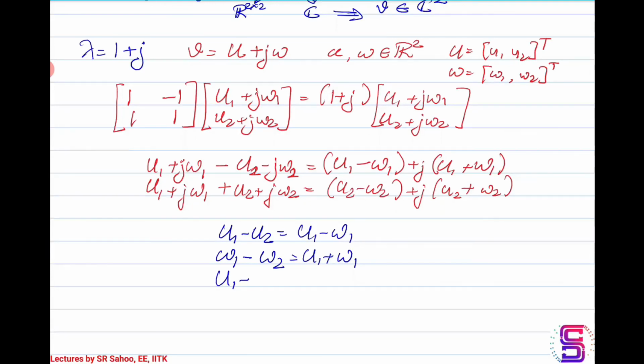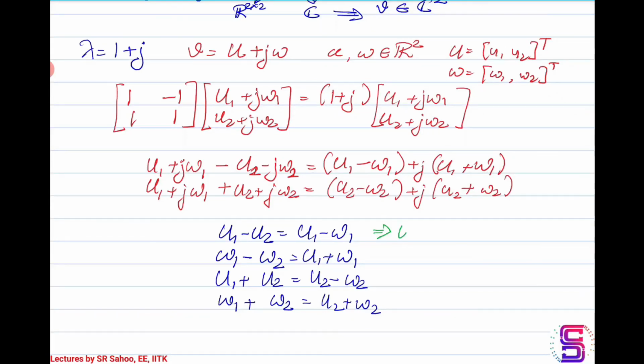Then you have u1 plus u2 to be equal to u2 minus w2, and w1 plus w2 to be equal to u2 plus w2. So if you solve this, what do you get?